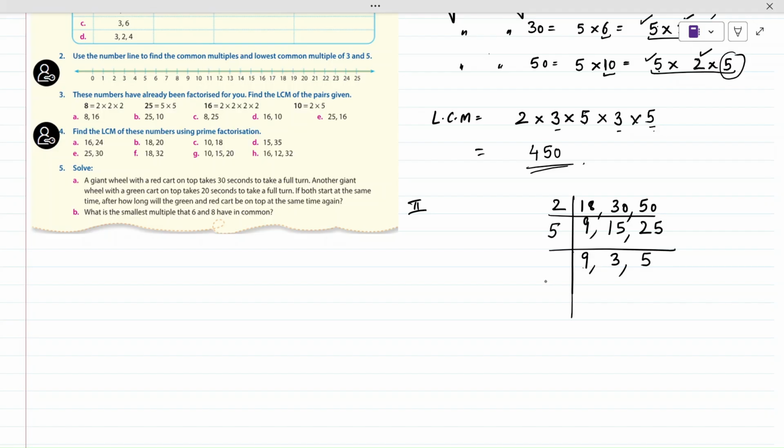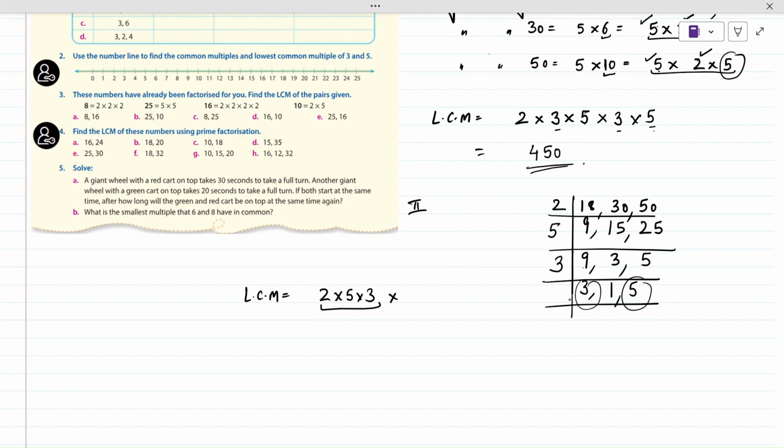Now if you look at these numbers, we have 9, 3 and 5, and 3 is a common factor of 9 and this 3. So these are the common factors now. So now I can write the LCM as the common factors 2 into 5 into 3, because these are common factors to these numbers, and then the numbers which are not common, that is 3 and 5.